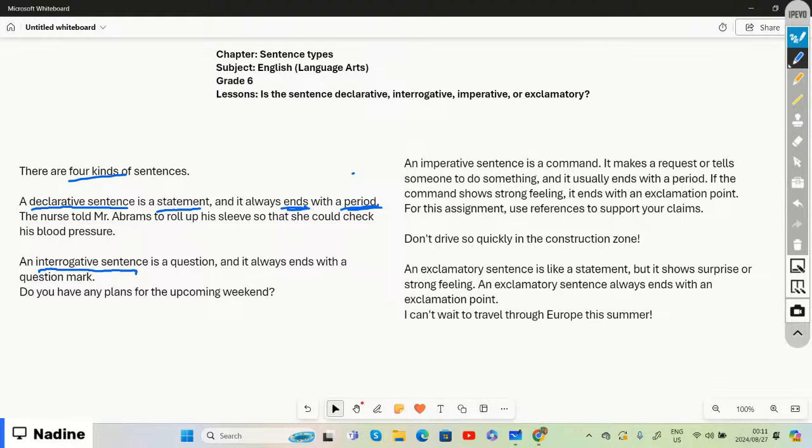So if you look at this word interrogative, they're going to interrogate somebody. An interrogative sentence is a question. They're interrogating the person in this holding cell. So an interrogative sentence is basically a question, or questions that you are asking the next person. An interrogative sentence always ends with a question mark.